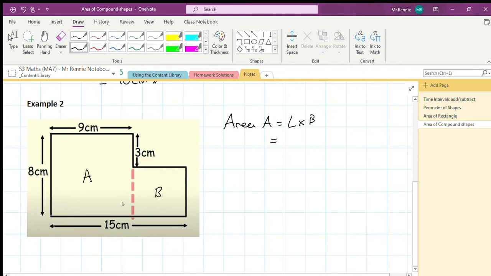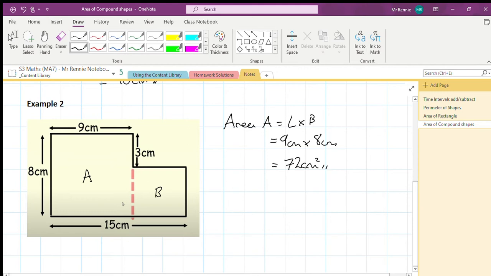The length won't be 15, that's the full length. I only need the length of A, which is going to be 9 centimeters, multiplied by the breadth, so how far it goes down, which is a total of 8 centimeters. 9 times 8 gives me 72 centimeters squared. So that is the area of rectangle A.